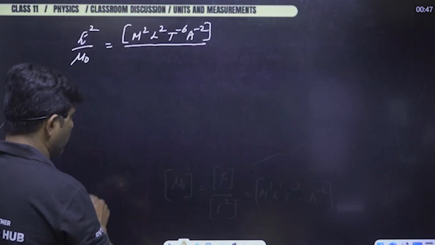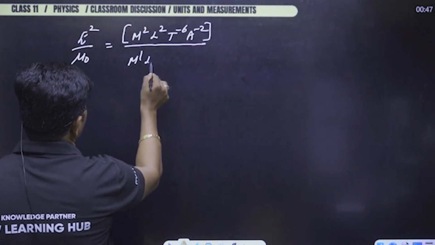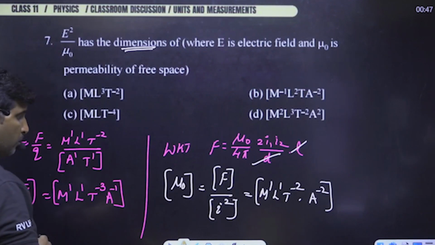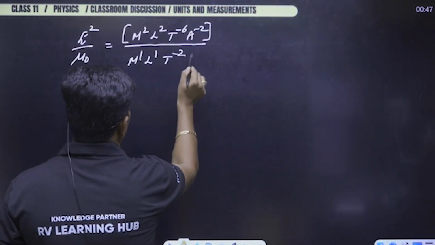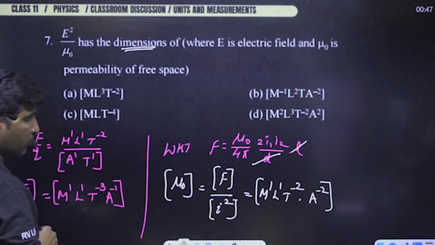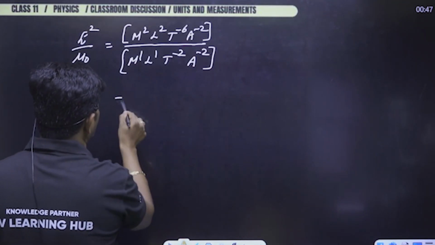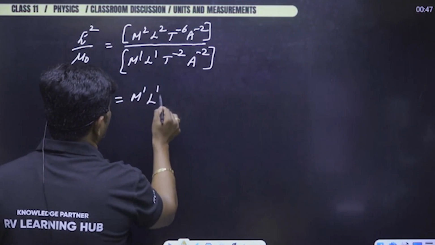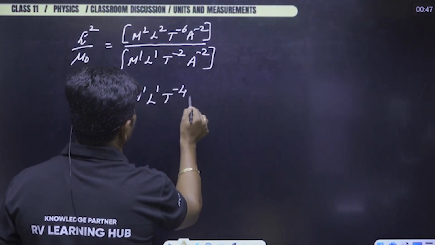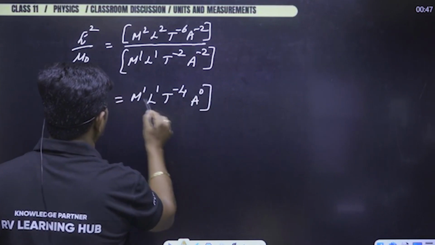M power 1, L power 1, T to the power of minus 2 and A to the power of minus 2. Is it right? So just substitute and simplify. You will get M power 1, L power 1, T power minus 4, A power 0.